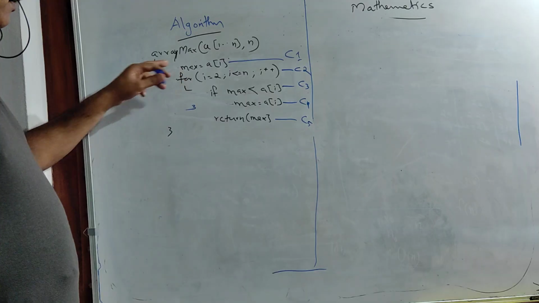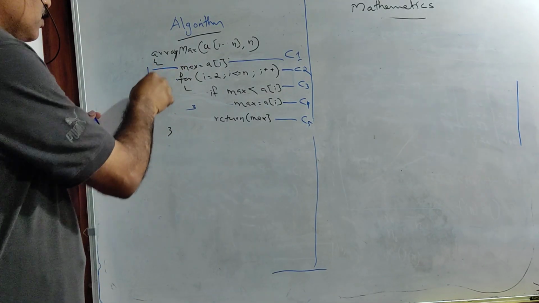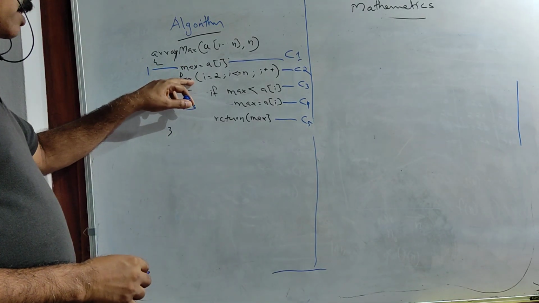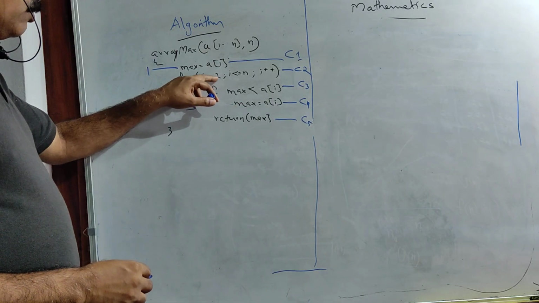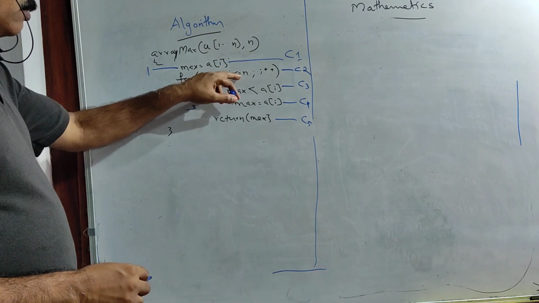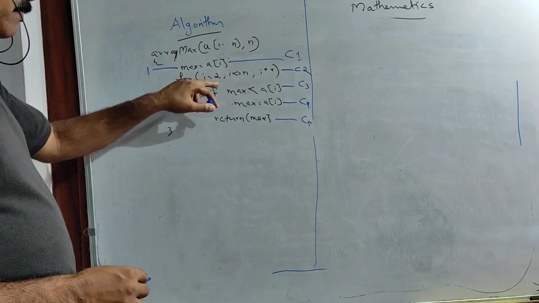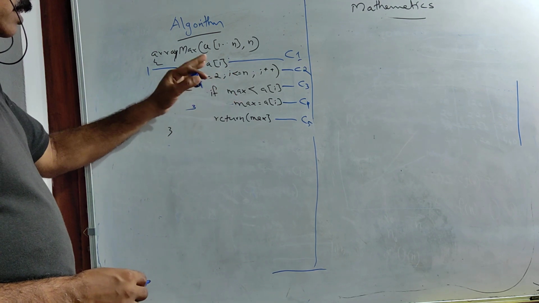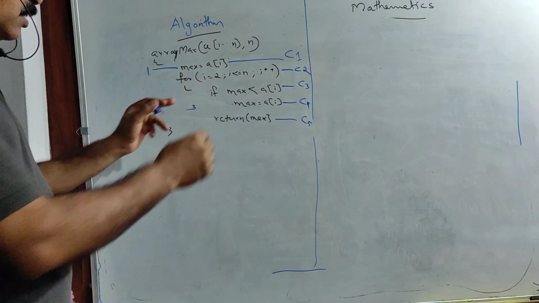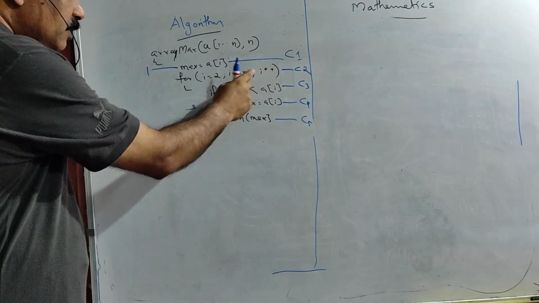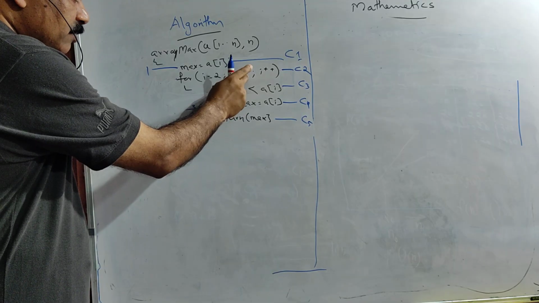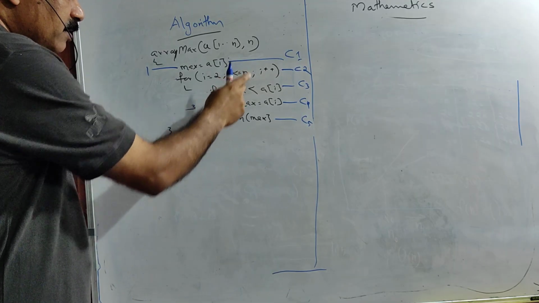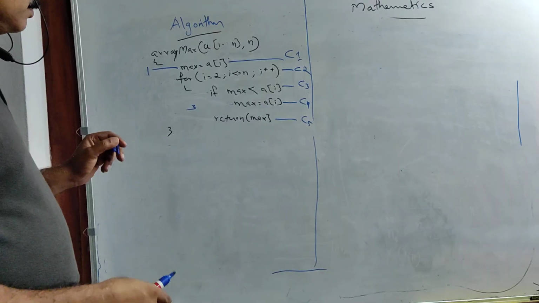And we know this statement will work only once, and the loop will be breaking when i equals n plus 1. That is, i will be varying from 2 to n plus 1. From 2 to n plus 1, there are n items. So for this statement, i less than or equal to n, it will work n times.